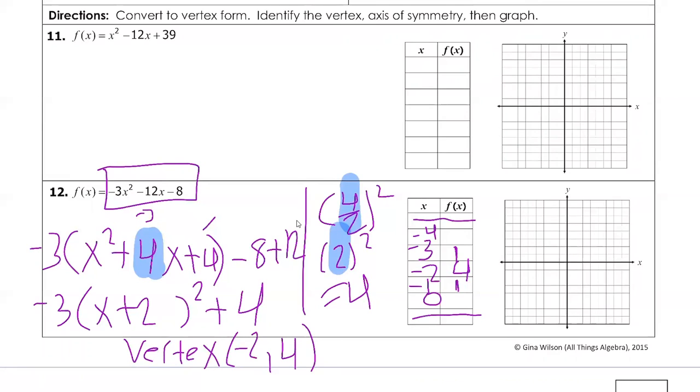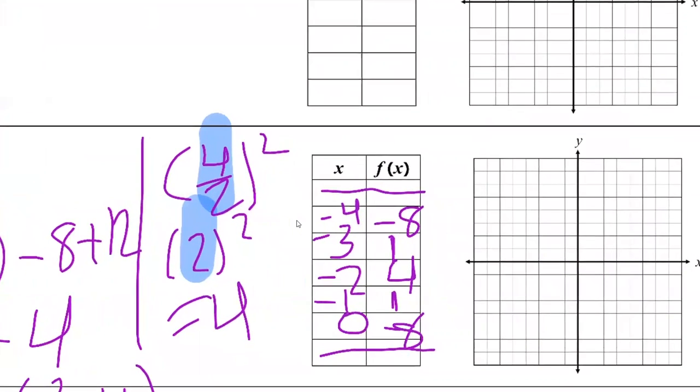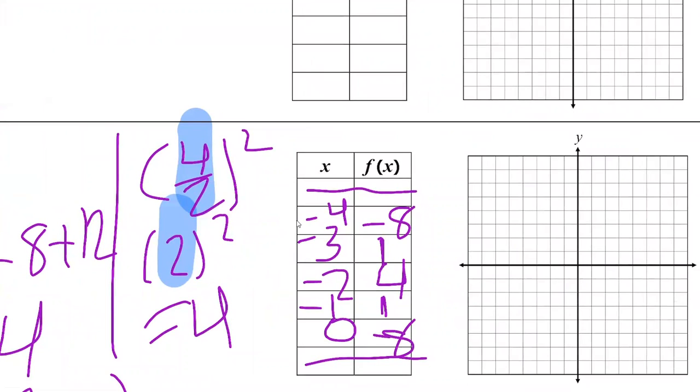If you plug in 0, you'll just get negative 8. So these would be negative 8, and then you could plot your points, but it would look roughly like this. I think these go 1, 2, 3, 4, 5, 6. Yeah, that would be the very bottom. But it would look something kind of like this.